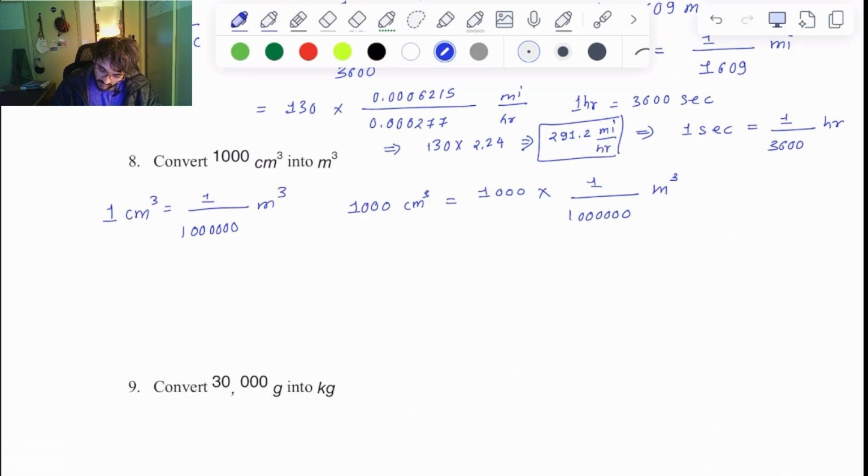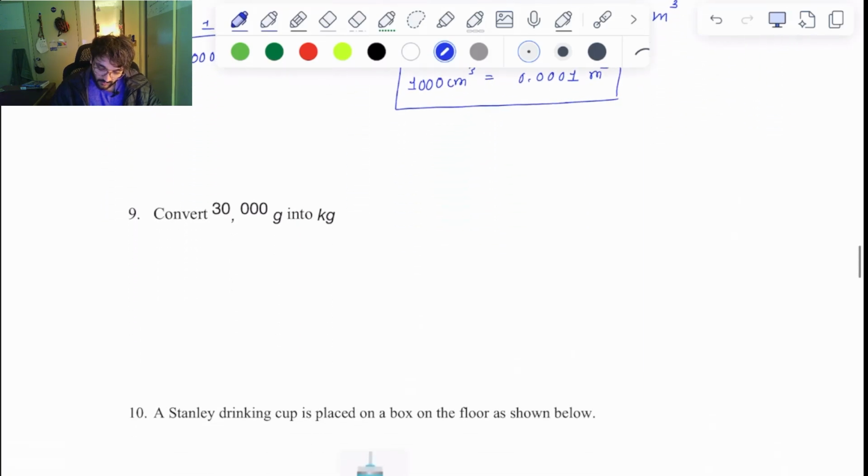The 3 zeros take care of 3 zeros here, and that leaves 1 over 1,000, which is 0.001 meter cube. I'm just going to use my calculator to make sure everything makes sense. Right? So that's your answer. 1,000 centimeter cube is equal to 0.001 meter cube.